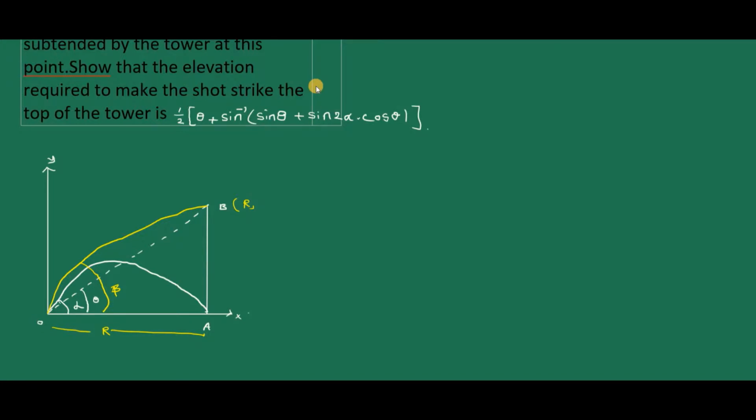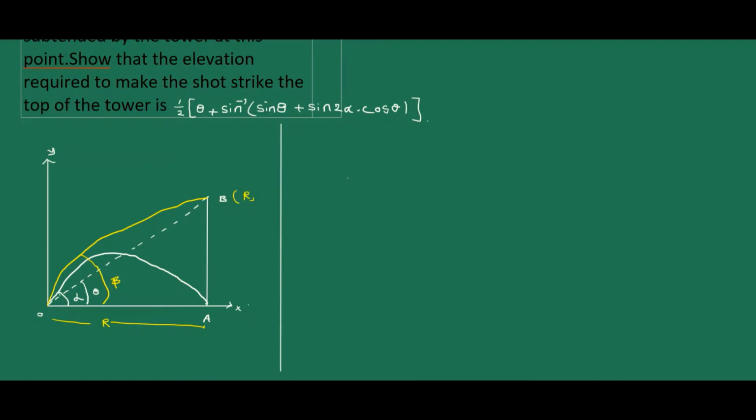To find the value for y, we can make use of the right angle triangle OAB. So from the figure, OA is equal to R. From the right angle triangle OAB, tan theta is equal to opposite divided by adjacent. Opposite is AB, adjacent is OA.